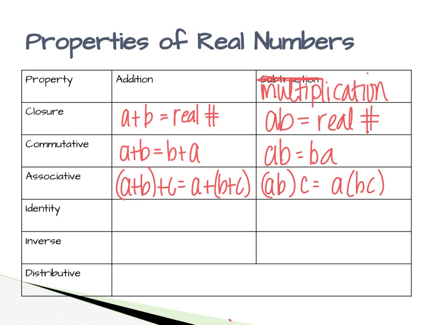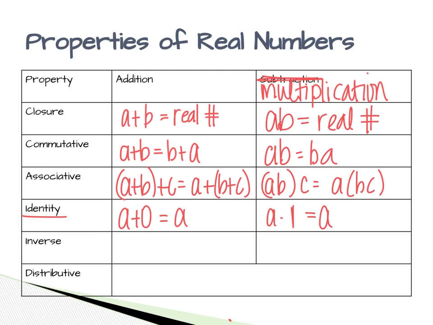Then you have the identity property, and the identity is whatever you can add to a number that doesn't change the number for addition, and it's whatever you can multiply by the number that doesn't change the number. So what can you add to A and get A? 0. So 0 is the additive identity. What can you multiply by A and get A? 1.